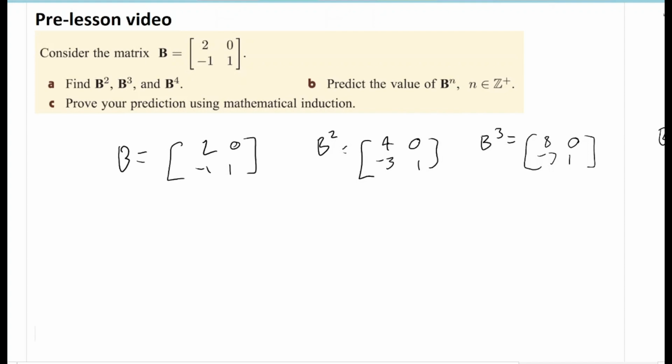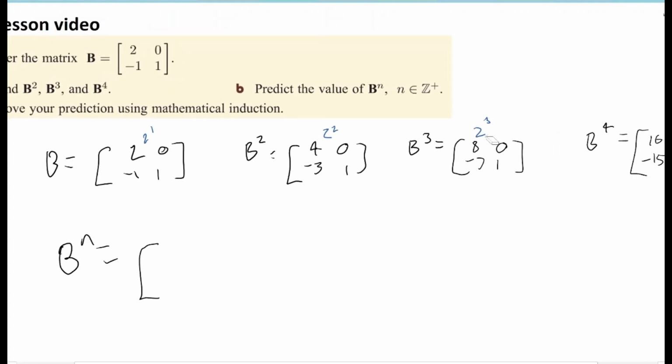To predict the value of Bn, if we have a look, what's happening with this top left term? This is 2 to the 1, this is 2 squared, this is 2 cubed, this is 2 to the 4. So it looks like that top left entry is 2 to the n.